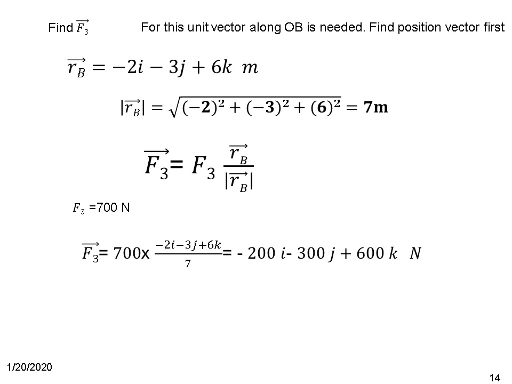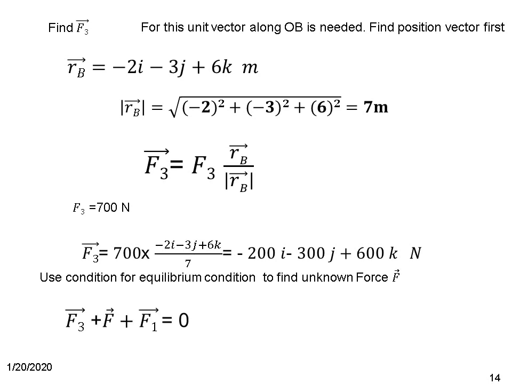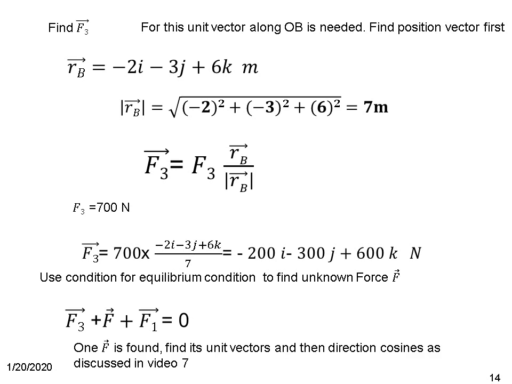Now you multiply the unit vector with the magnitude of F3, which is 700 Newton, and you get the force vector. Finally, we can find the unknown force using the condition for static equilibrium. Once you have the unknown force F, we can find it in terms of its basis vectors. We can find the direction cosines as we discussed in earlier videos.